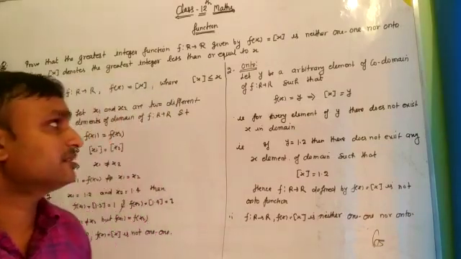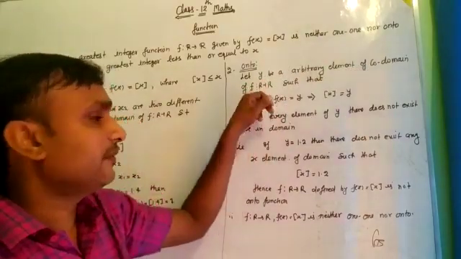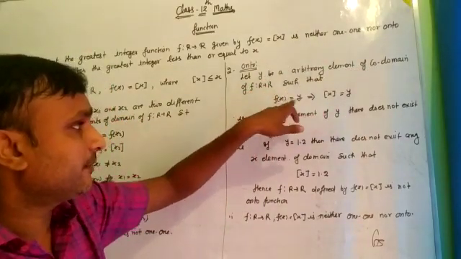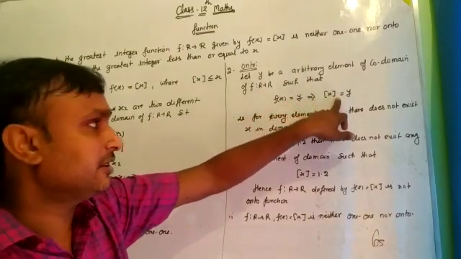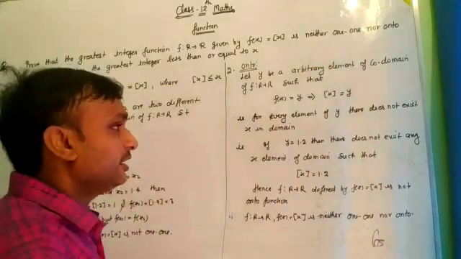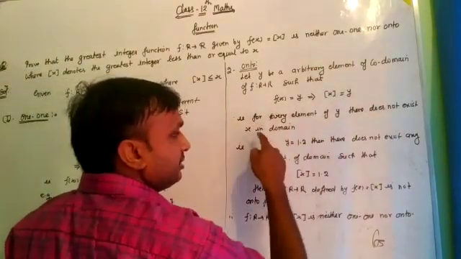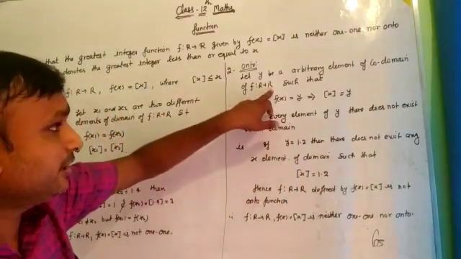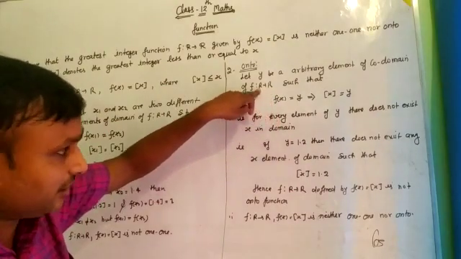Next, onto function. Let y be an arbitrary element of the codomain of f, that is an element of R, such that f(x) = y, implying [x] = y. That is, for every element y, there does not exist x in the domain.